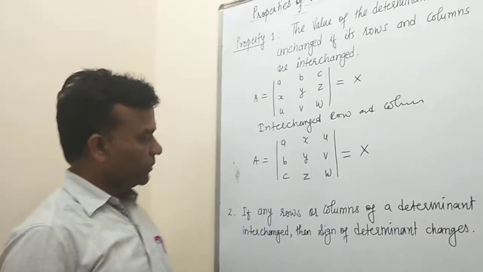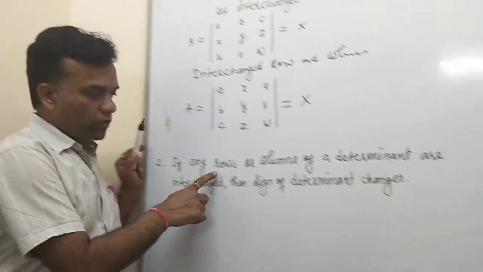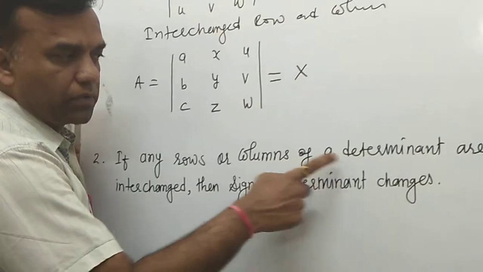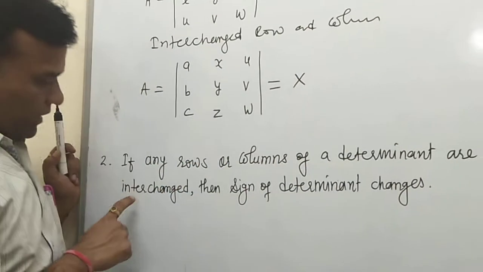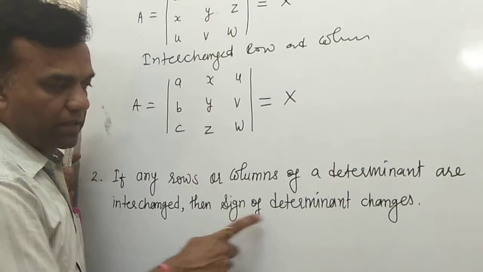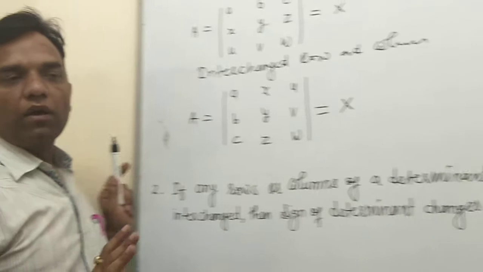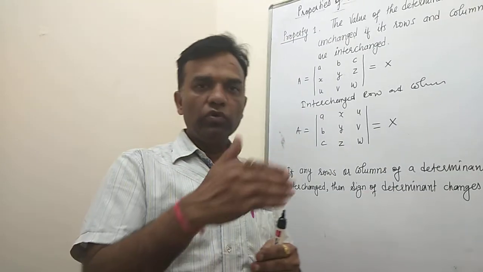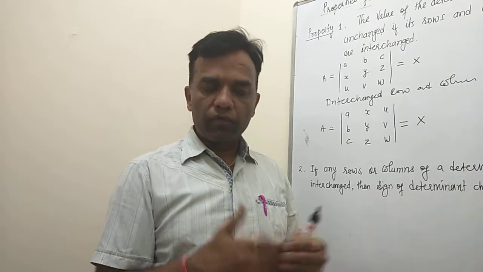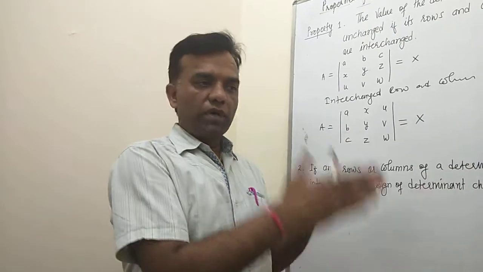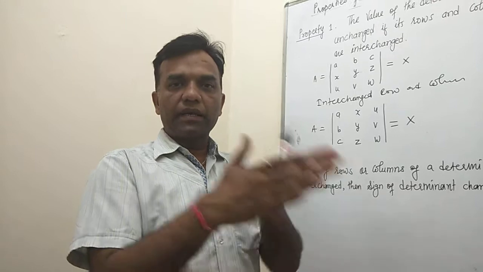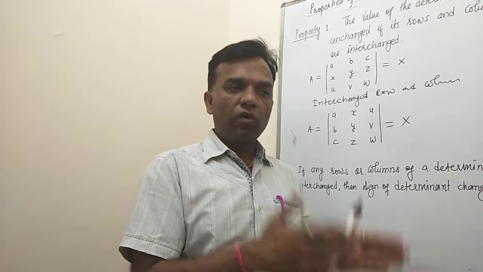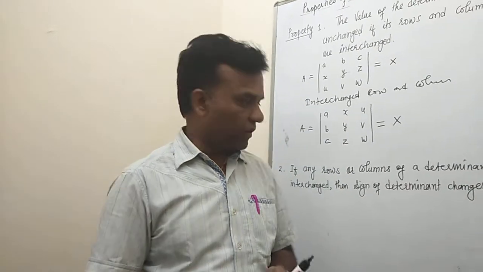Then the second property: if any two rows or columns of a determinant are interchanged, then the sign of the determinant changes only. If you want to change the first row with the third row, or the first row with the second row, the first column with the second column or the second column with the third column, then the answer is affected by the sign only.